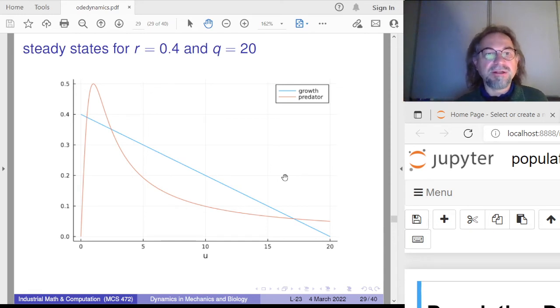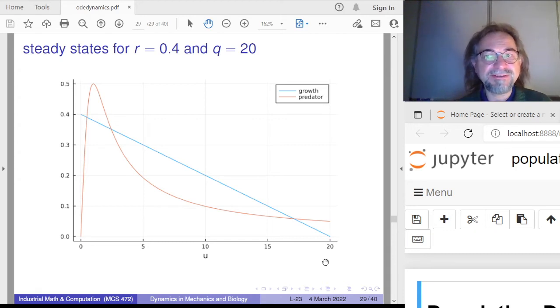It's not that the population goes down, but the growth rate goes down. Here Q equals 20. You see this correction term at U equals 20, there's no growth anymore because we are at the carrying capacity. So that's the nice evolution of the growth with the carrying capacity.